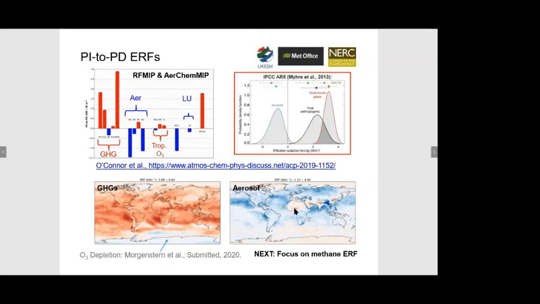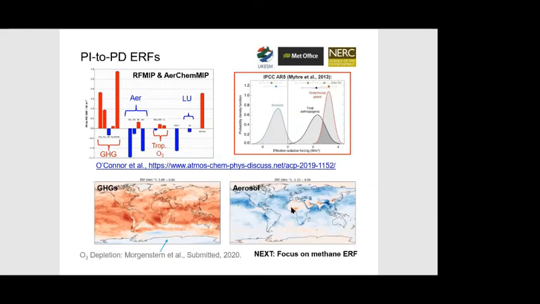On the right then, the shorter lifetime of aerosols means that the spatial distribution of their forcing is much more heterogeneous, and you can also see that there are regions where absorbing aerosol is outweighing the negative forcing from scattering aerosol.